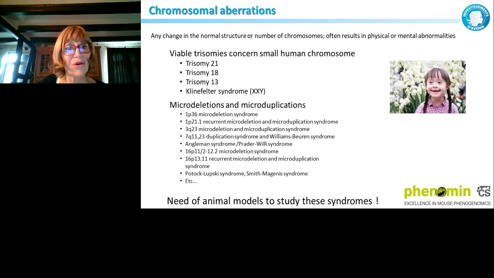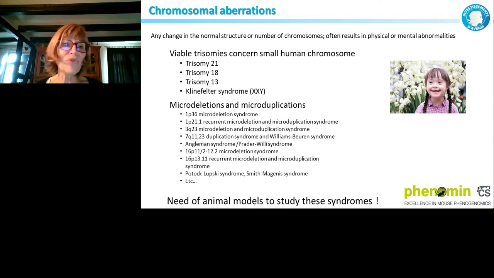Why do we want to generate structural variants? That is because in humans, there are many diseases that are due to chromosomal aberration. There are some viable trisomies that concern mainly, I would say, small chromosomes, because otherwise it's lethal, and mainly trisomy 21. That's the main subject of the director of the ICS, and that's why we are really interested in this model.